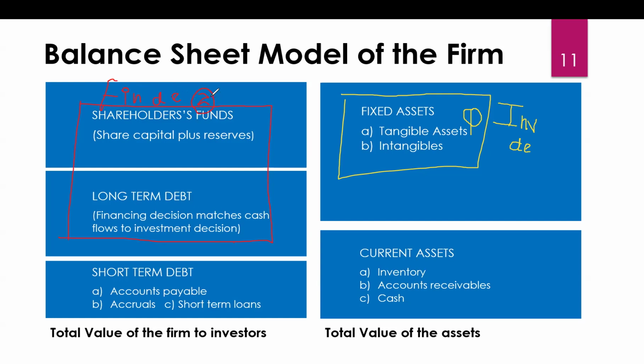And then the third decision is the working capital decision, in the sense of how to manage. You learned what the net working capital is: the difference between the current assets and the current liabilities, right? In the working capital decision, you are going to manage the current assets and the current liabilities.